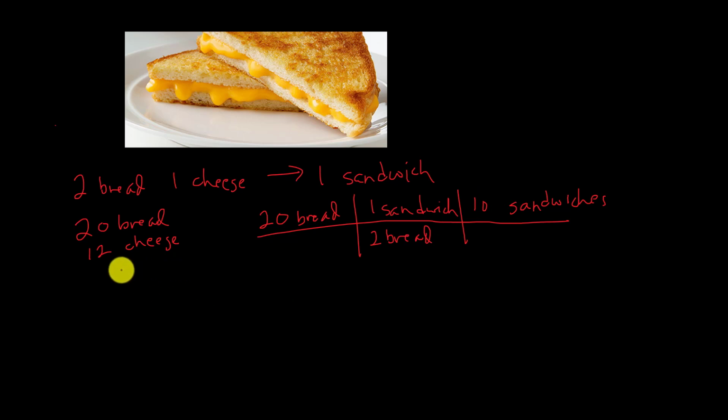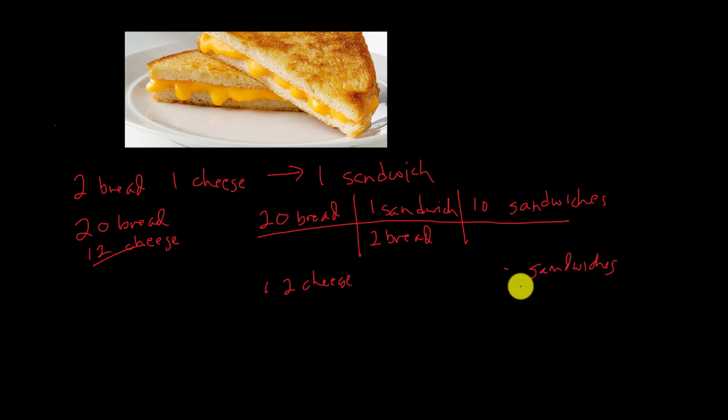We do the exact same thing with the other measurement they give us, 12 cheese. Again, the question is, assuming that we had enough of all the other ingredients, how many sandwiches could we make with 12 pieces of cheese? That's the question that we're asking here.